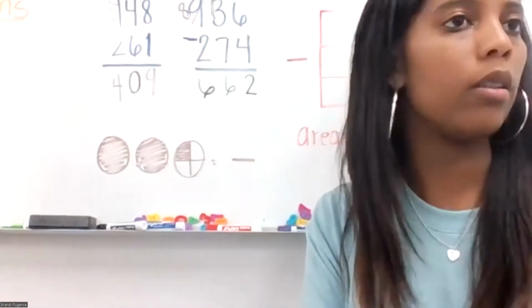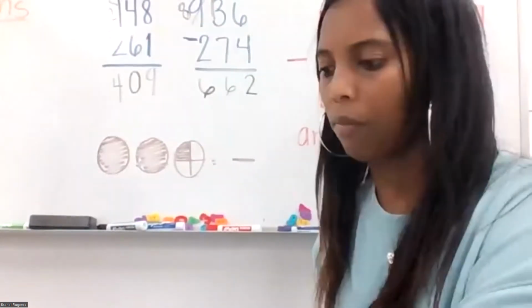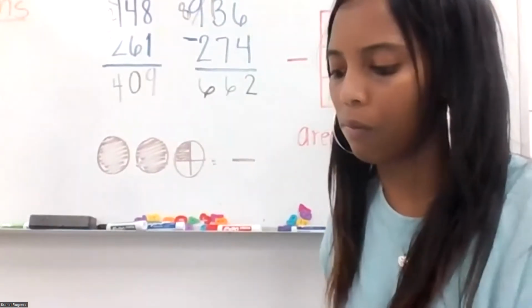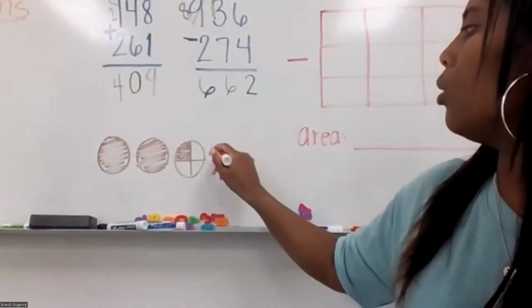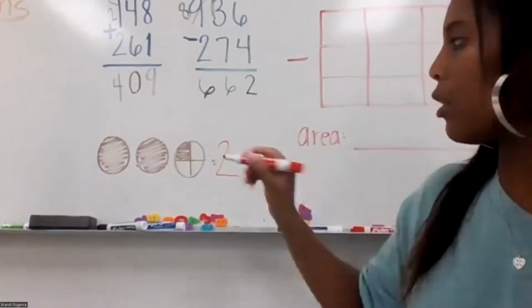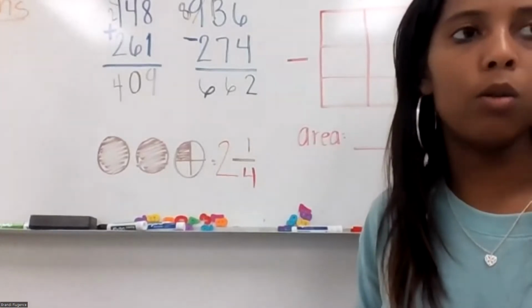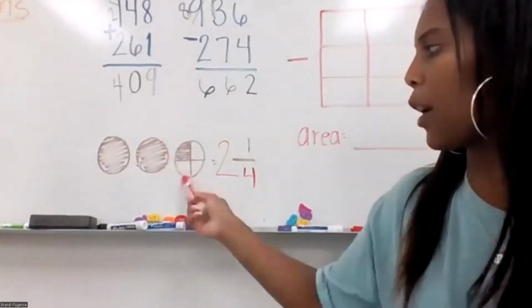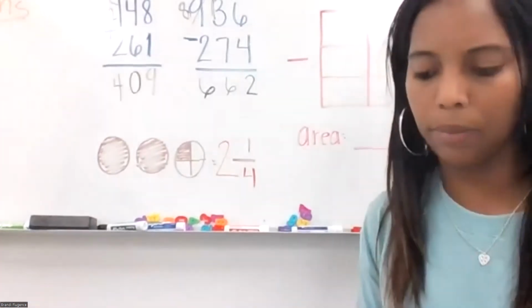What's the fraction? Okay, Evan, what's the fraction? 2. Okay, I have 2 wholes. And 1 piece is shaded out of 4, so it's 2 and 1/4. 2 wholes and 1/4 is my fractional part for this one. 2 and 1/4. Good.